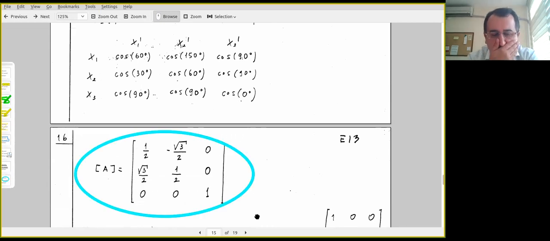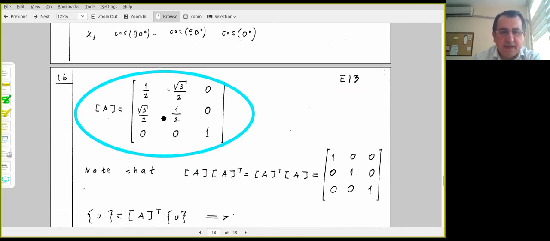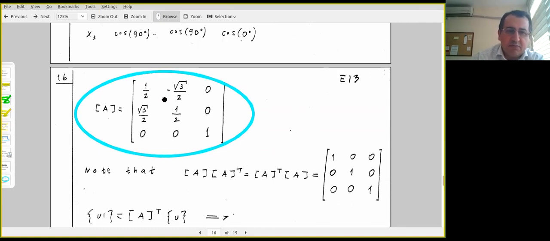The transformation matrix should be an orthogonal matrix. Its transpose is equivalent to its inverse, or A times A transpose equals A transpose times A, and that's the identity matrix. That could be a check. Now introduce the transformation formula to find components of the vectors in the new coordinate system.